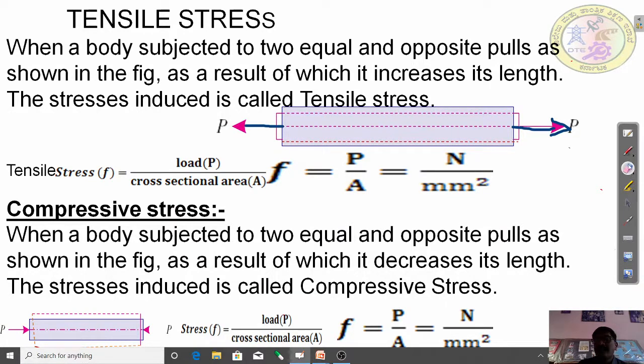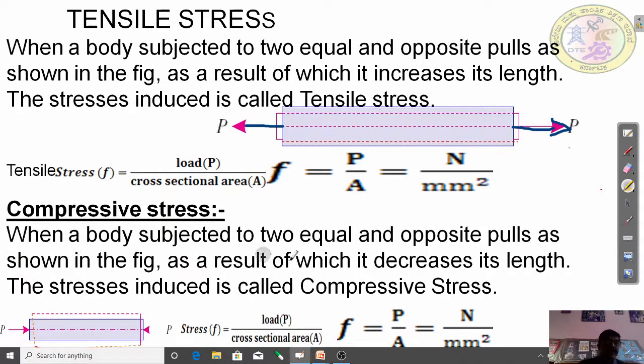If it is a circular cross-section area, then we take pi by 4 d square, and the units are Newton per mm square.